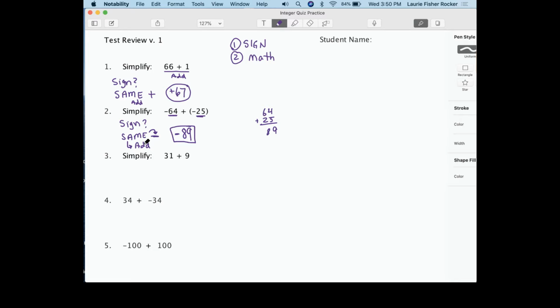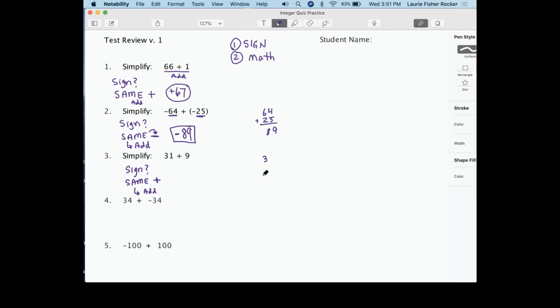So I look at this next problem, and yeah, I know they're kind of the same category here. When you get your test, it'll be a little bit more mixed up. But the idea here is you'll get the habit that it is the same sign. They're both positive in this case. So it's positive, which tells me what the answer is going to be, and we're going to add the two numbers.